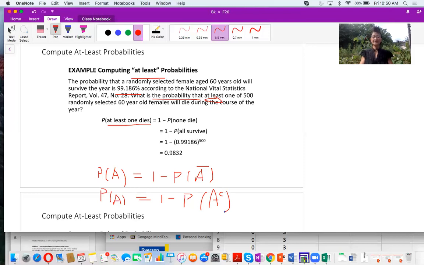So we use this complement event formula. The probability at least 1 dies equals 1 minus the probability of nobody dies.